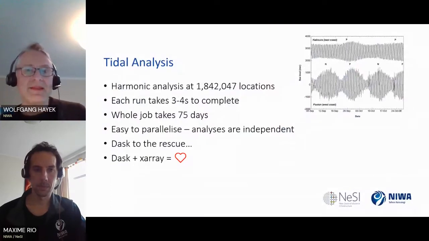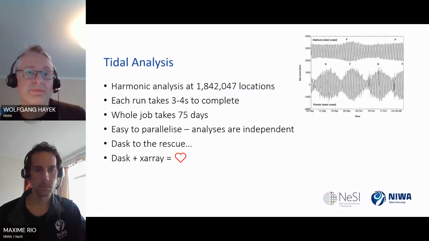The science part of that is concerned with tidal analysis. The researcher had some output from a finite element simulation of the shallow water equations for simulating sea tides. That was spatially resolved with about 1.8 million locations, and the simulation produced a time series.